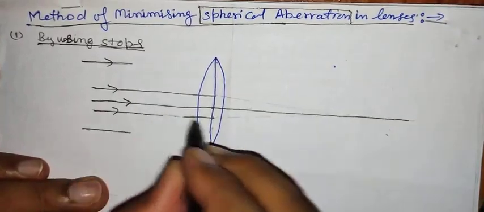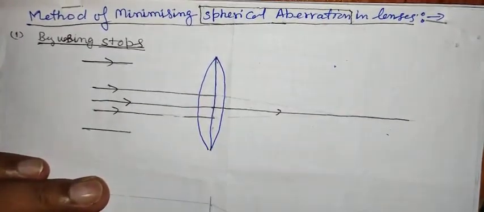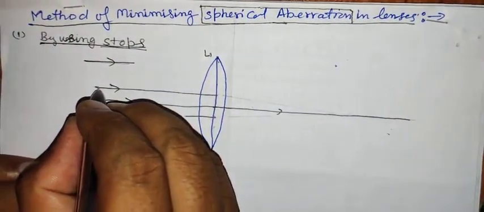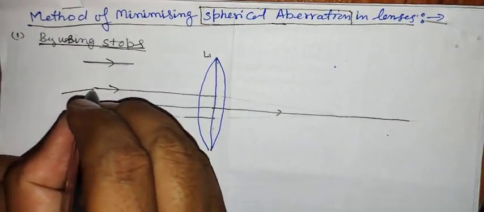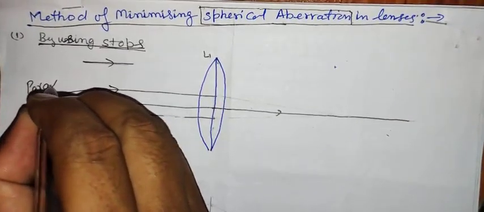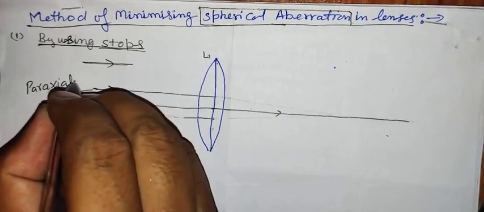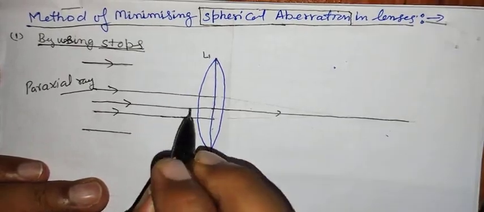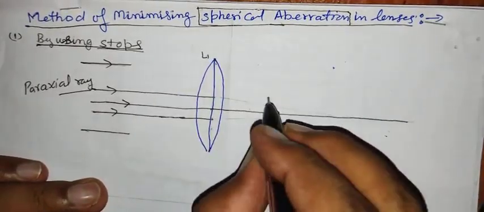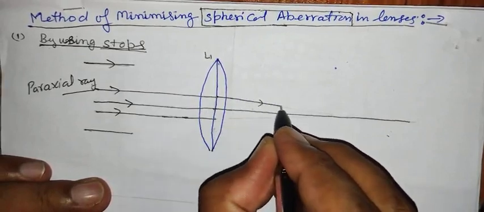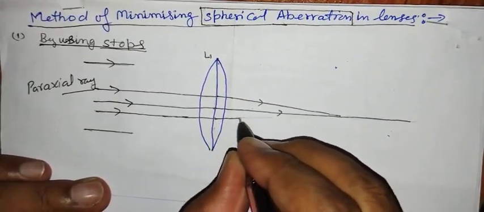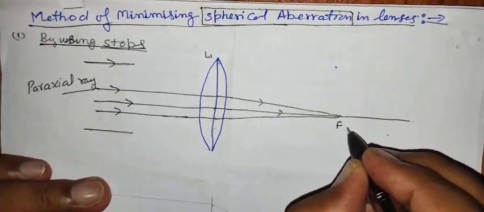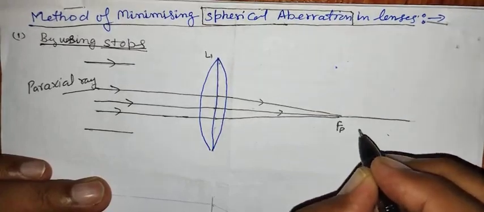Light passes along the principal axis undeviated through the lens L1. These rays are called paraxial rays. When paraxial rays are allowed to fall, they condense at a focal point called FP.